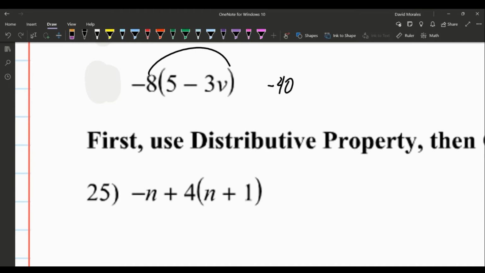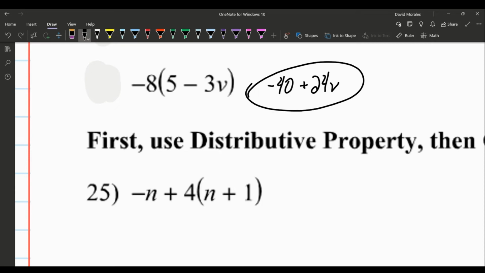Negative 8 times negative 3 is plus 24v. So once I distribute, that's what comes out.